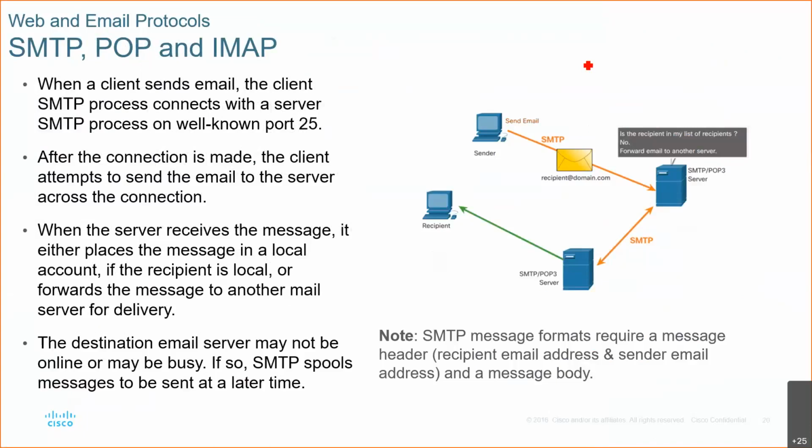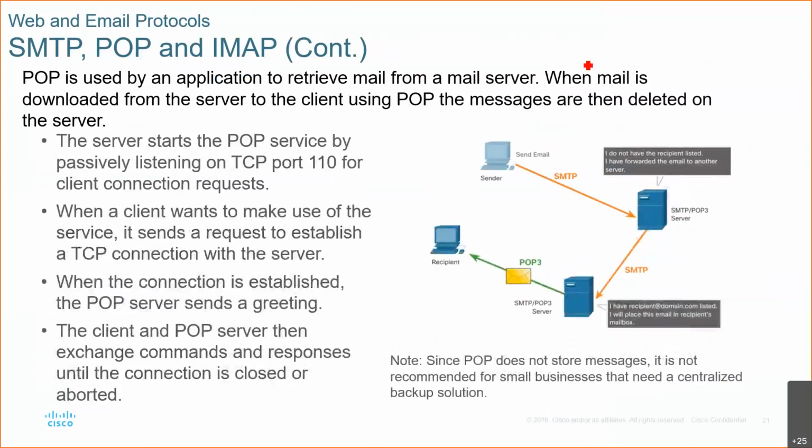It's important to realize that when you're using POP3, you're actually downloading the whole email from the server, so nothing remains on the server. This is the speciality of POP3.